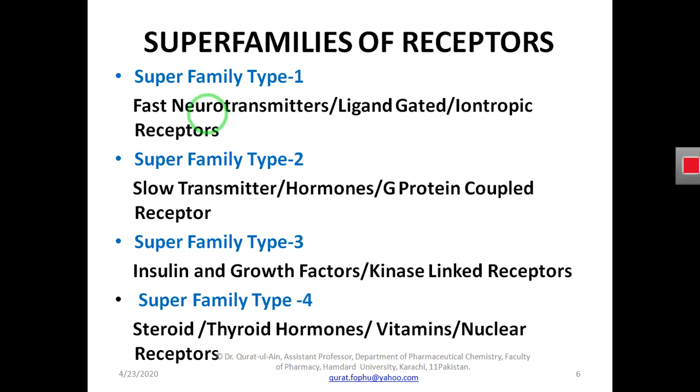These receptors are also termed ligand-gated ion channels or ionotropic receptors, because when any ligand binds with the receptor, they initiate the transfer of ions, for example sodium, chloride, potassium.